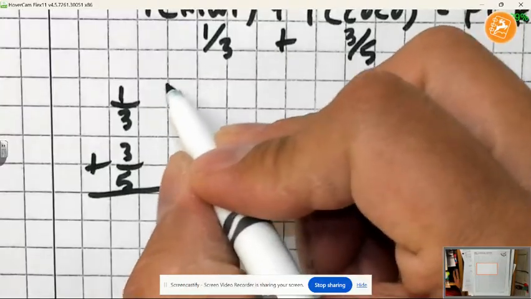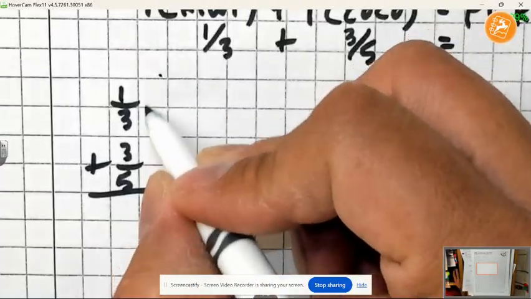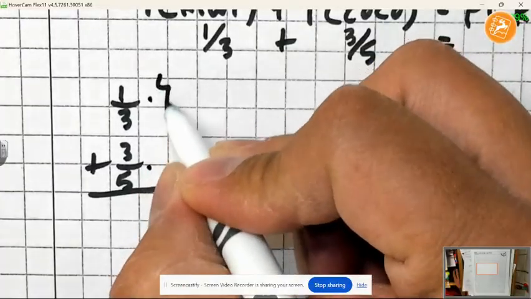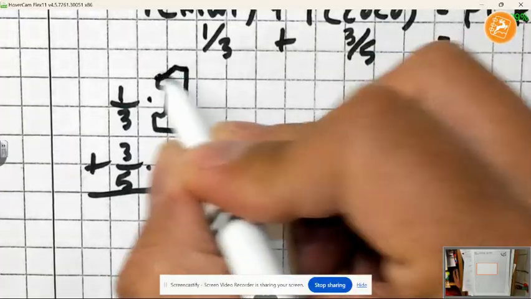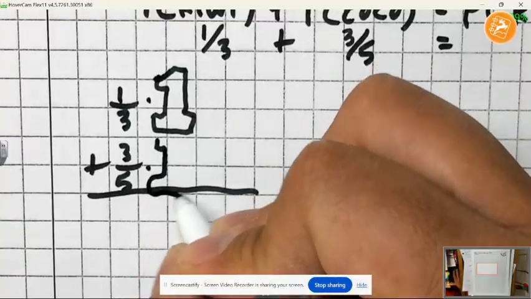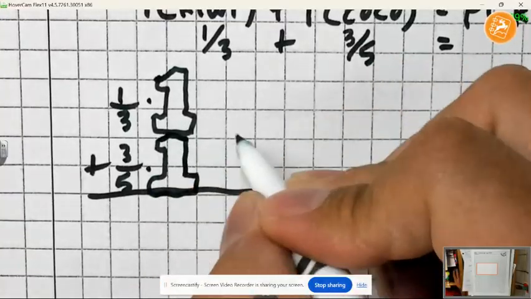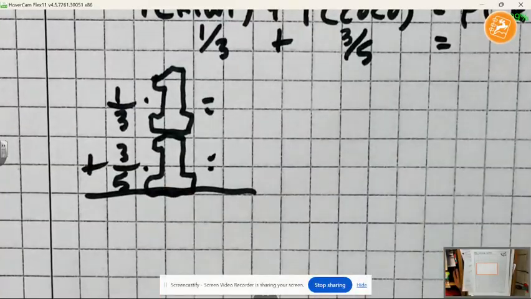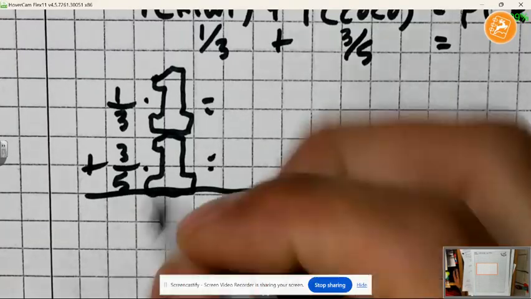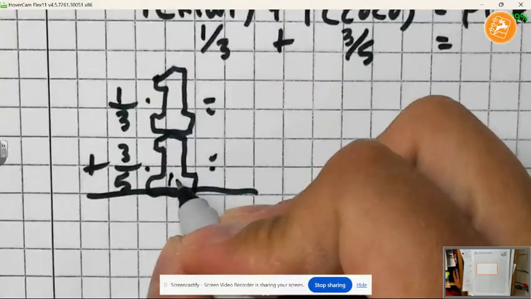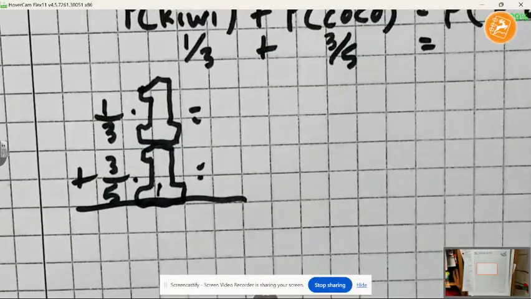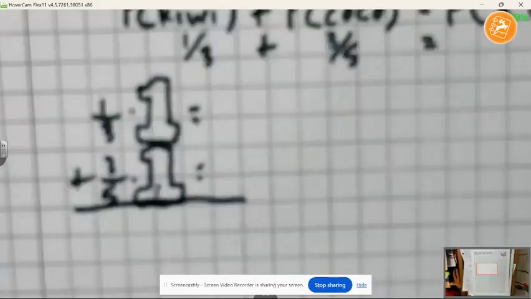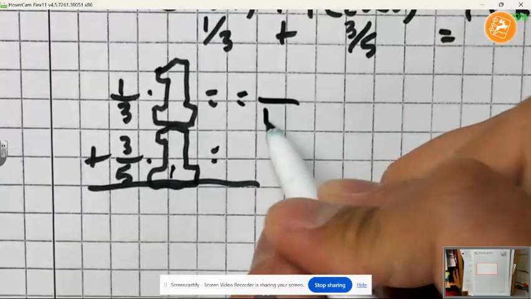So then we can just put our giant 1s here. So we're multiplying by something. And what is going to be our common denominator? All right, and we know the common denominator is 15. So what am I going to multiply both of these fractions by to get a denominator of 15?